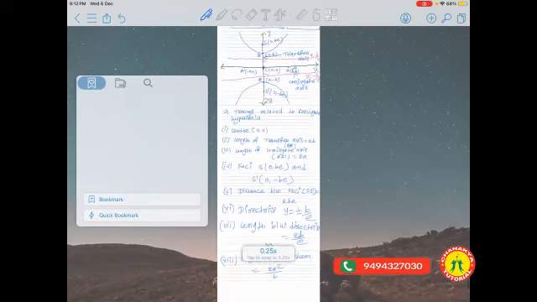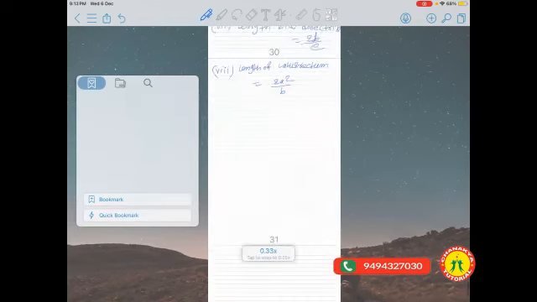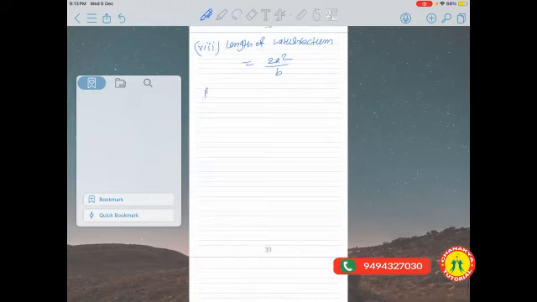Aditi, can you say what the parametric equation for the conjugate hyperbola will be? For a hyperbola, the parametric equation is a sec theta, b tan theta. So for the conjugate hyperbola, what will you say? The parametric equation is x equal to a tan theta and y equal to b sec theta.